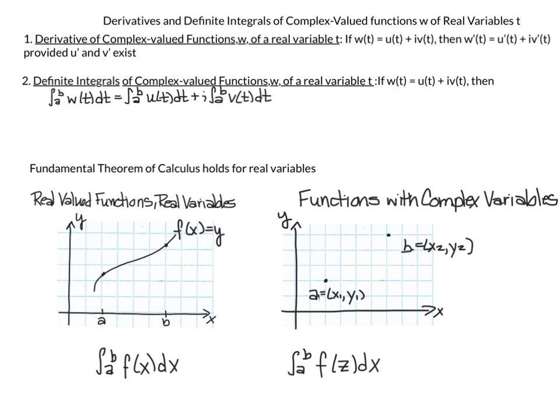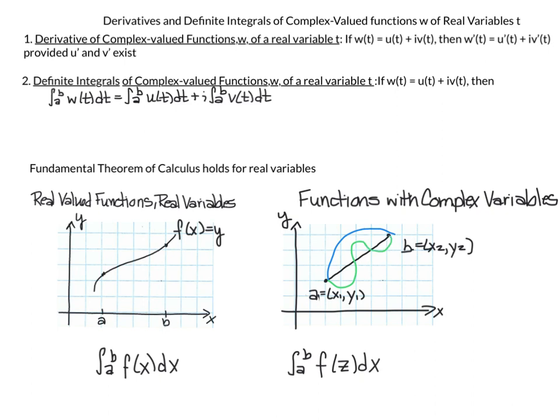However, in contrast, when we're talking about complex variables, when you integrate from a complex number a, equal to x1, y1, to a complex number b at x2, y2, there are several paths I could take. You could take the straight line, or a circular path, or a curvy path.